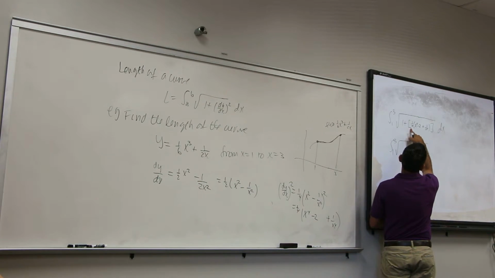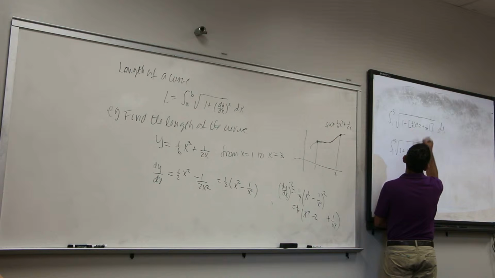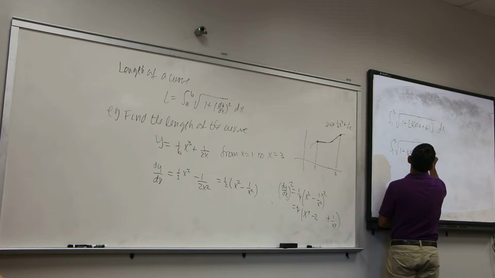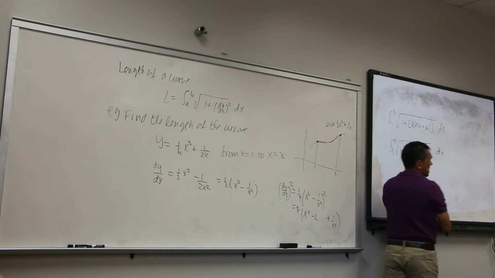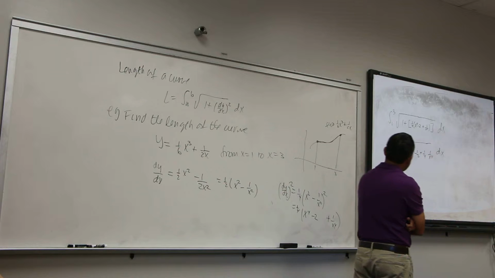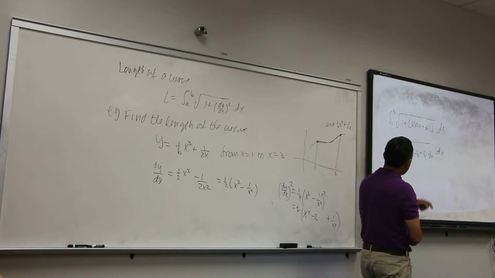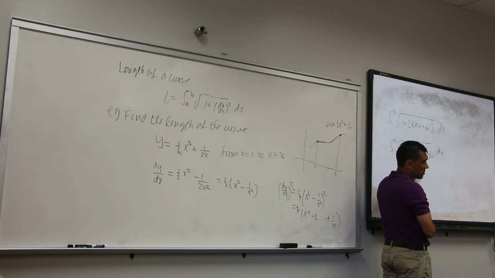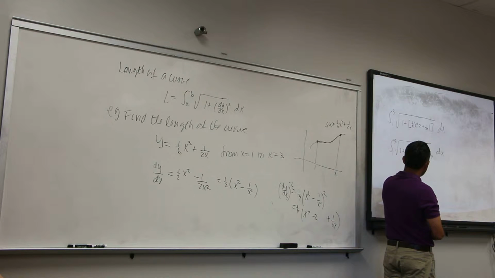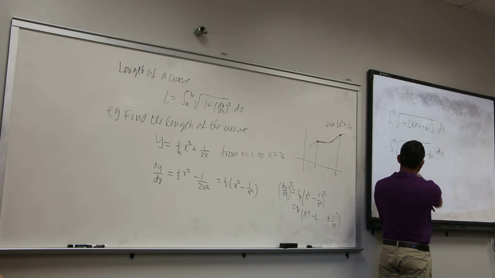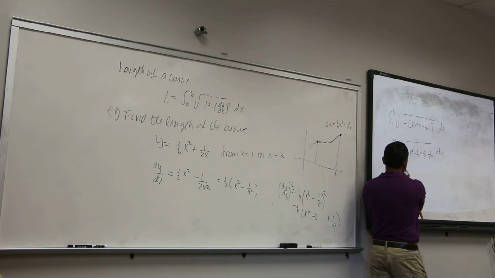This is the square root of 1 plus 1/4 x to the 4 minus 1/2 plus 1/4 1 over x to the 4. And then we have the 1 minus 1/2, which is 1/2.